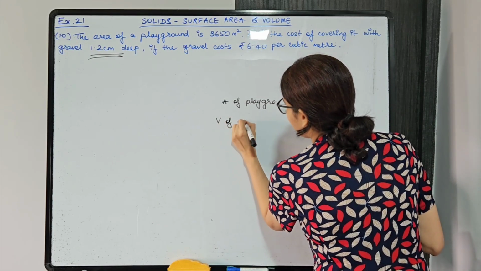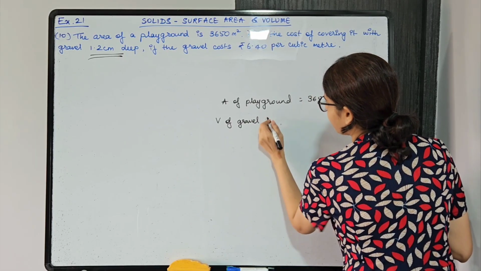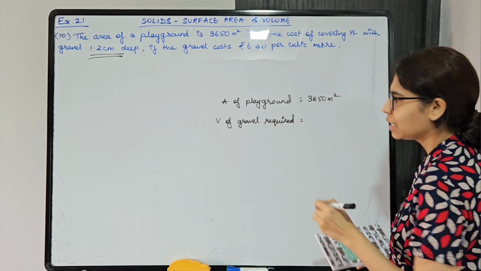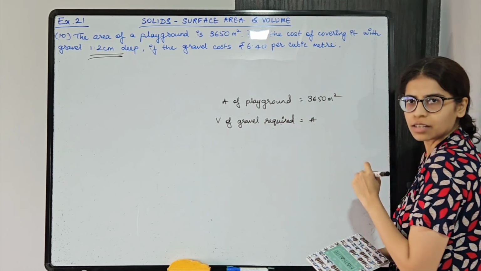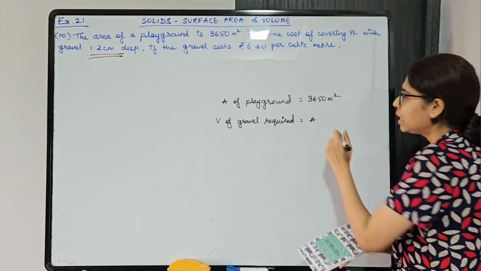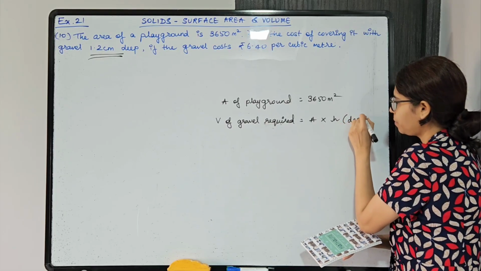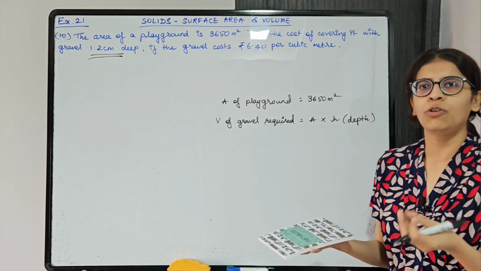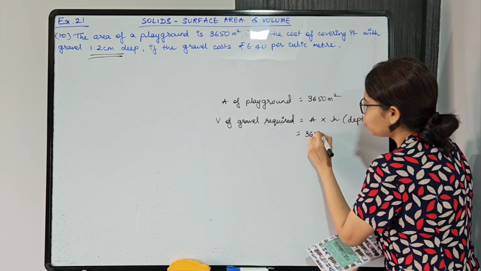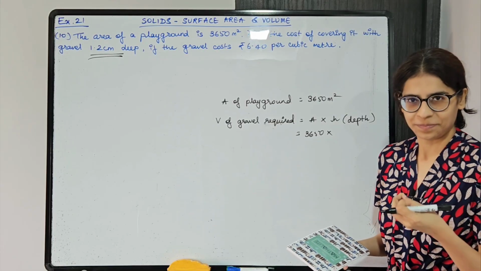Volume of the gravel required is the area of the playground, whatever is already given to us, into the height or the depth. Height or depth, it's the same thing. So area is 3650, depth is 1.2 centimeter.